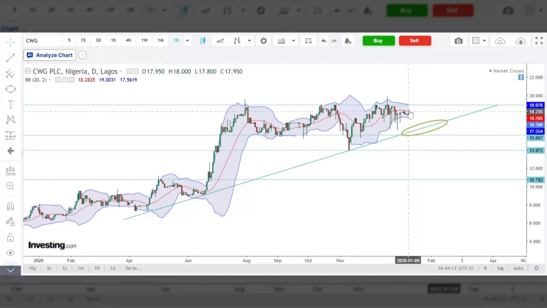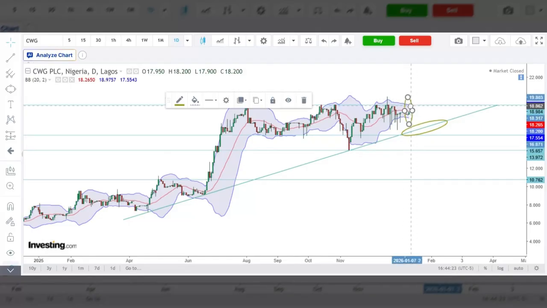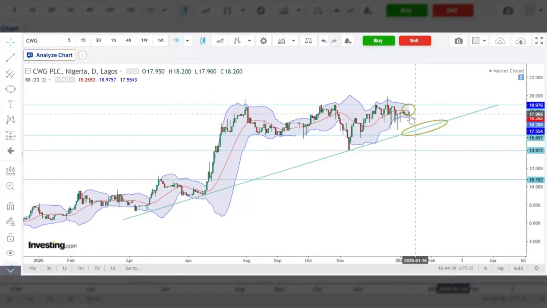If it crosses here, this is one entry point, as I have done before. Let me put that circle again. The circle now. This is one entry point here, and this is another entry point.